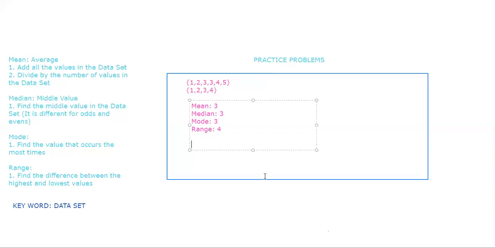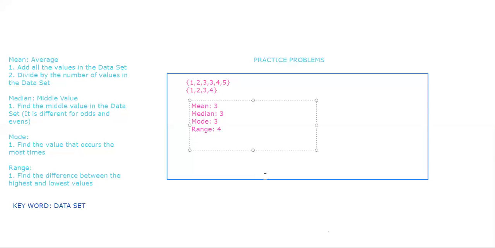So that's all for today, but before we leave, let's review what we did today. We learned about mean, median, mode, and range, and we learned how to find them using a dataset, looking at the steps to find the answers to our sample problem.